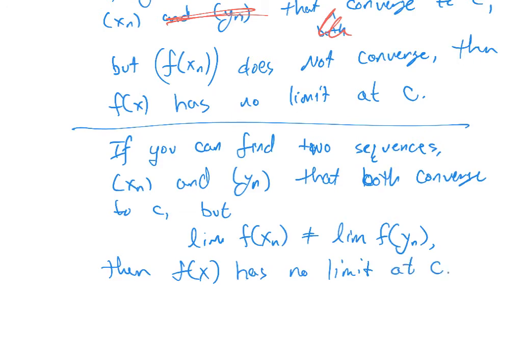Let me just point out, if either of those limits that I mentioned here failed to exist, then you would be in the case above that we already talked about, where you have a convergent sequence of x values such that the function values don't converge.